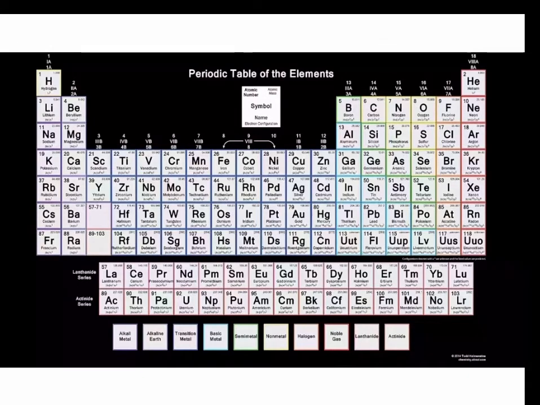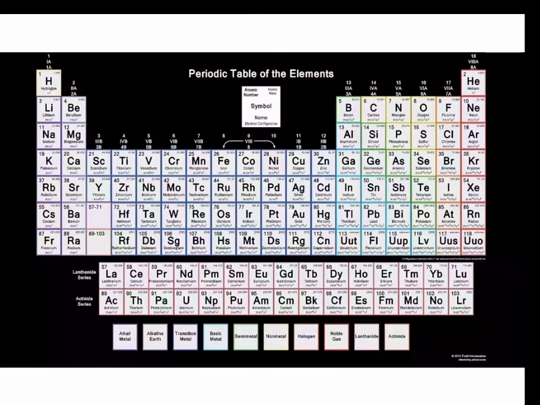And the groups headed by scandium, titanium, vanadium, chromium, manganese, iron, cobalt, nickel, copper and zinc are numbered as 3, 4, 5, 6 up to 12 respectively.